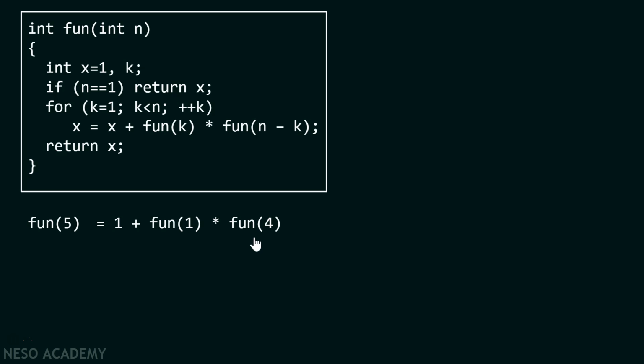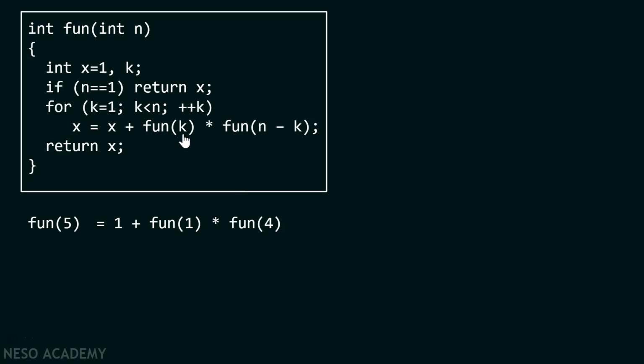Now what will happen in the second iteration, that is when k becomes 2? As 2 is also less than n, the condition is satisfied, so we will enter inside this for loop. Again we will execute this statement. Instead of this x, I can write this whole statement, and then after that, we just have to add this statement. So I just have to know what fun k into fun n minus k will be in the second iteration, and I will simply add it to the previous statement.